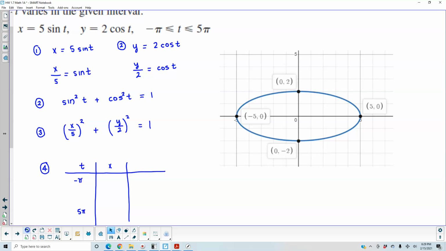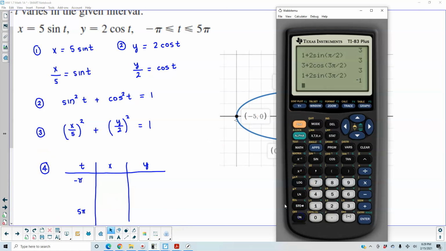And so what do we get for x, and what do we get for y? So if we go ahead and put in our value for negative pi and 5 times the sine of negative pi, well, that gives us 0.